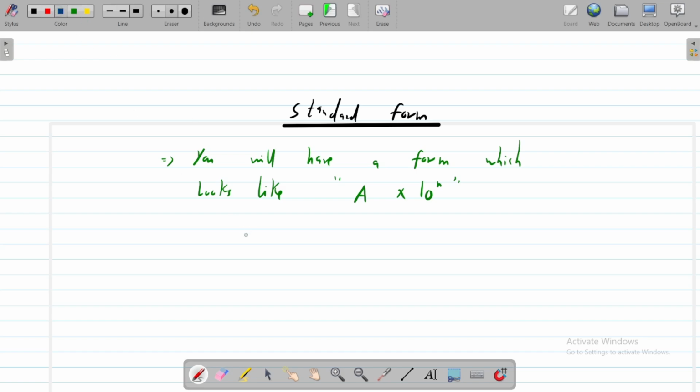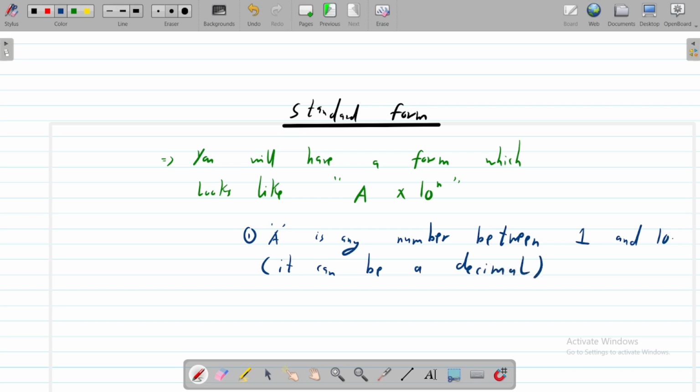I'll explain. Firstly, a is any number between 1 and 10. It can also be a decimal.